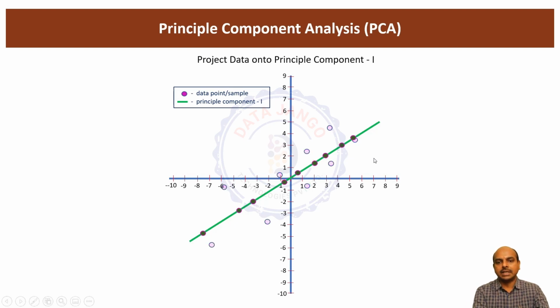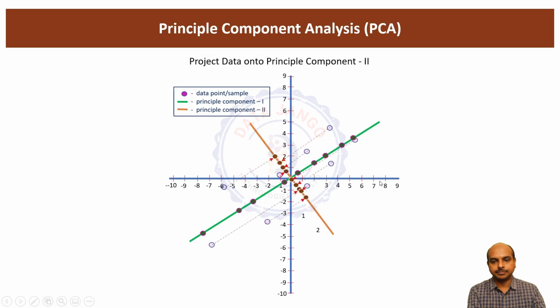Okay, we did the first principal component. After doing the projection on the first principal component, we reduced the color a little bit to symbolically show that some essence has been extracted by the first principal component. Now it takes the second principal component, which is perpendicular to the green line, the orange line, and projects the same data points onto the second principal component.